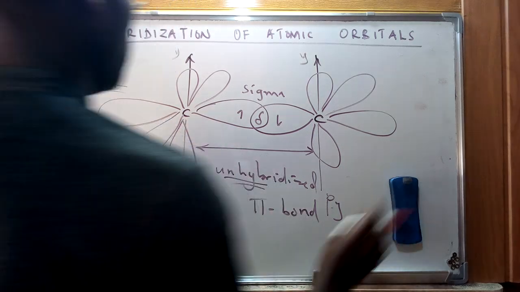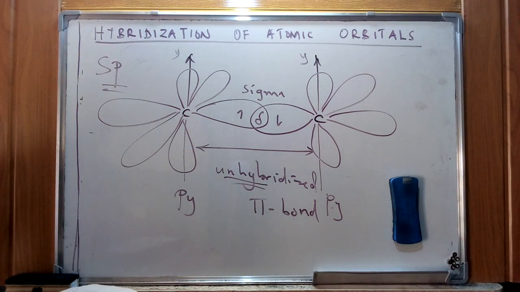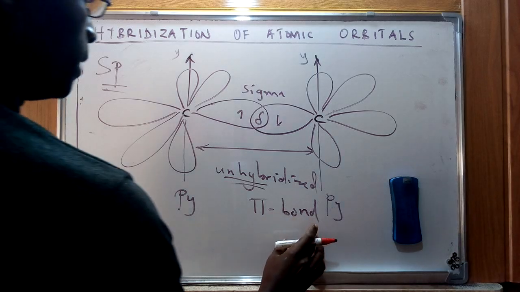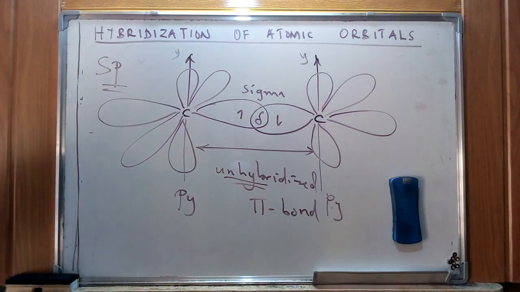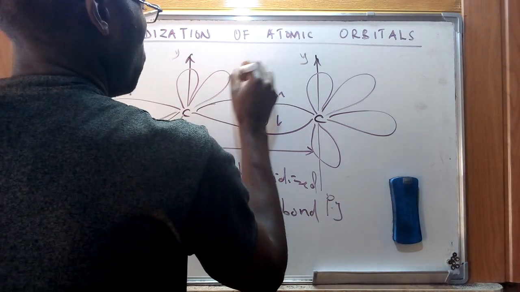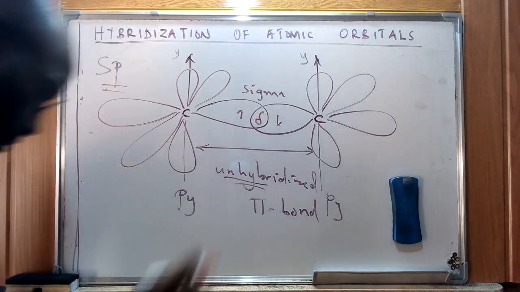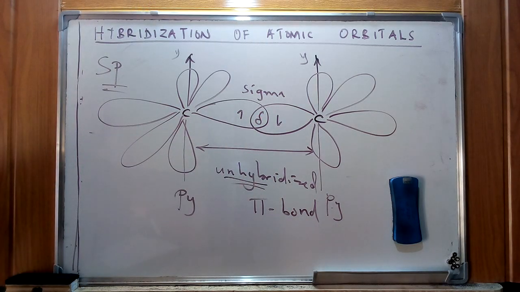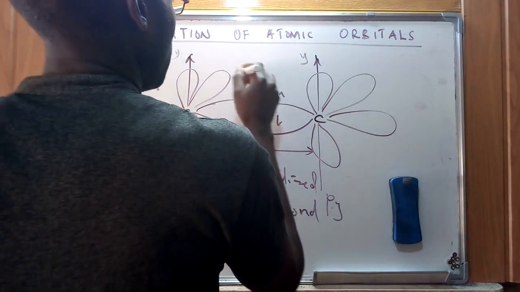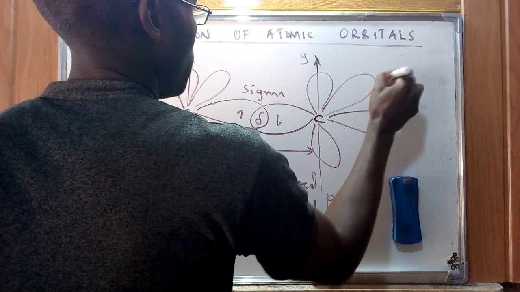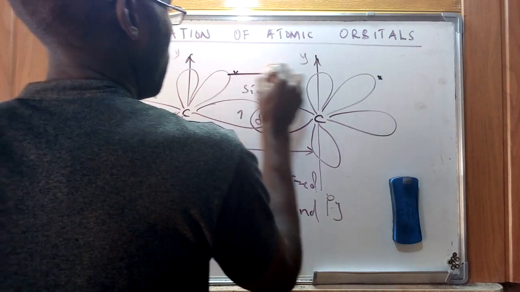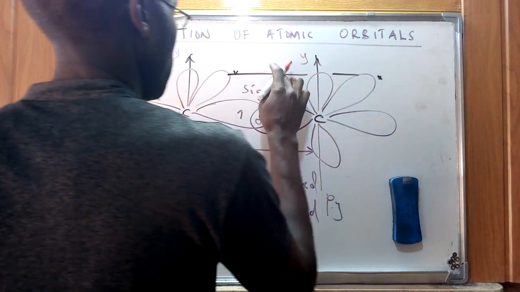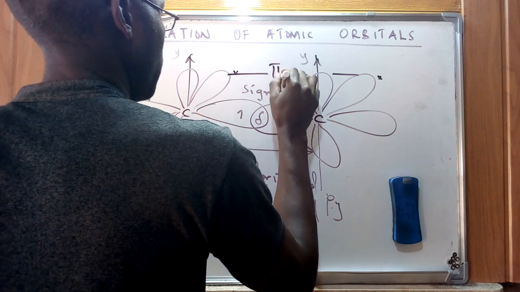In this sense we can give a different illustration for this, whereby we're going to have a side overlap for these unhybridized orbitals for the pi bonds. So we're going to have two pi bonds apart from the sigma bond that is sp hybridized in this particular case. So if I choose this particular point and this one, we're going to have this one as another pi 2 bond.